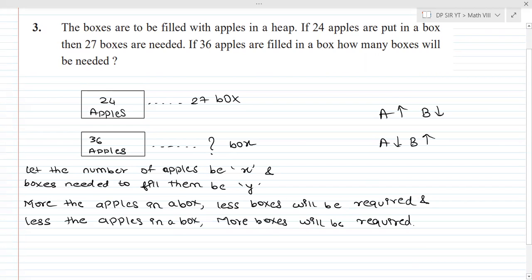So this is the simplest form of the question in which I can explain.